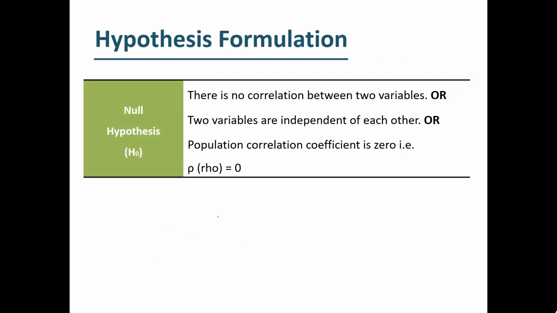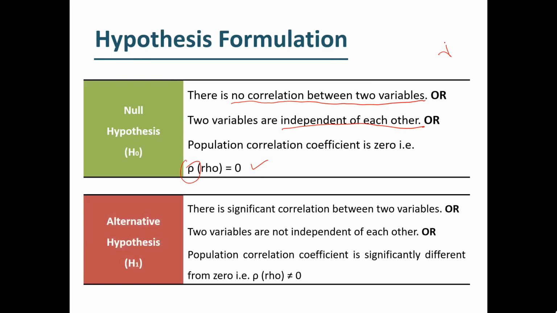The null hypothesis says that there is no correlation between two variables, or two variables are independent of each other, or the population correlation coefficient is 0. The population correlation coefficient is denoted by rho, and the sample correlation coefficient is denoted by r. As I said earlier, we always frame null and alternative hypotheses for population parameters and not for sample statistics.